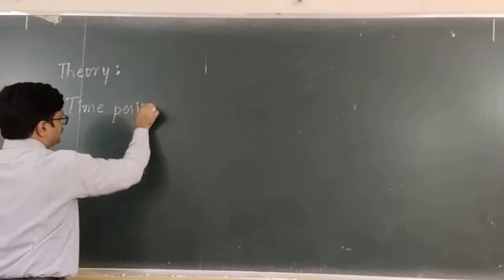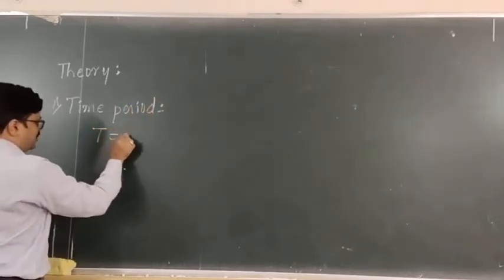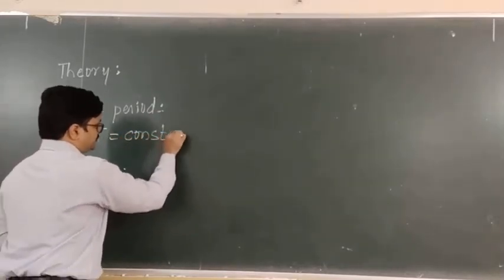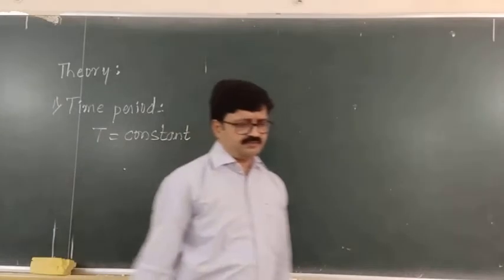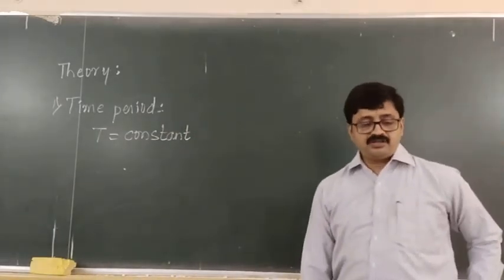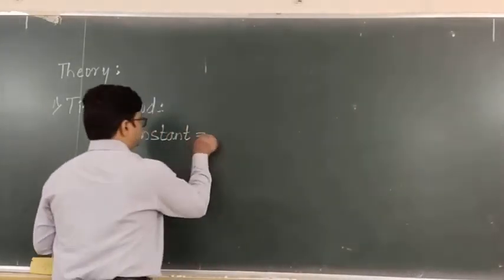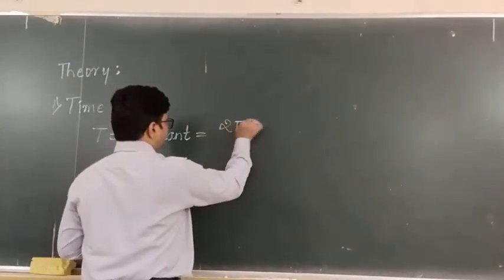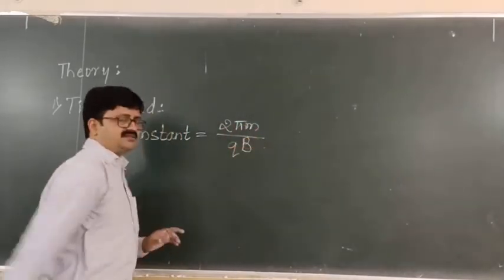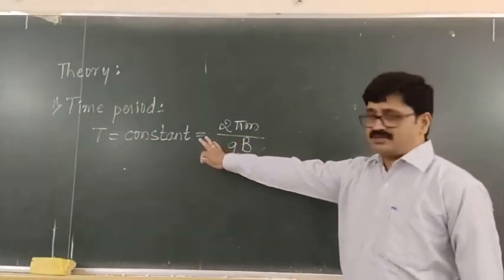The time period of the charged particle T is always a constant value here. And what is the value of the time period here, my dear friends? Is it not 2 pi m divided by qB? So this is nothing but 2 pi m divided by qB. This is the time period and this value is constant.